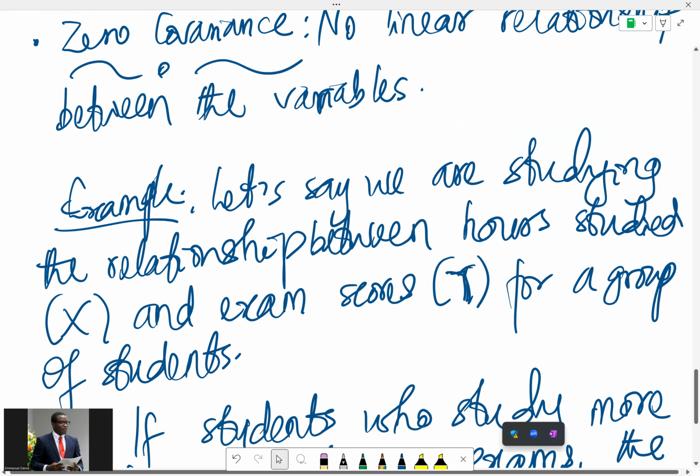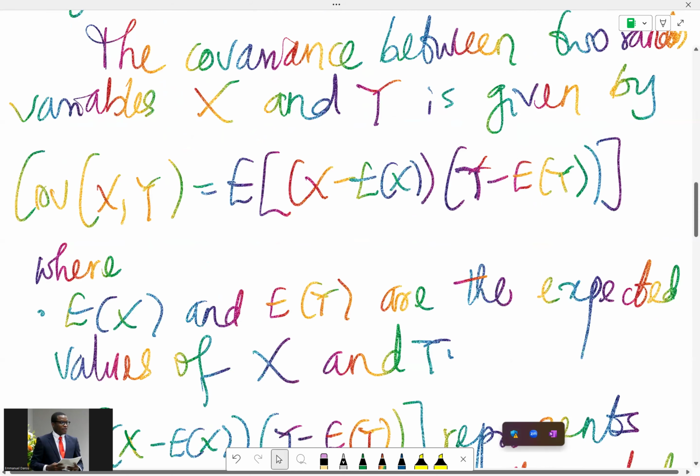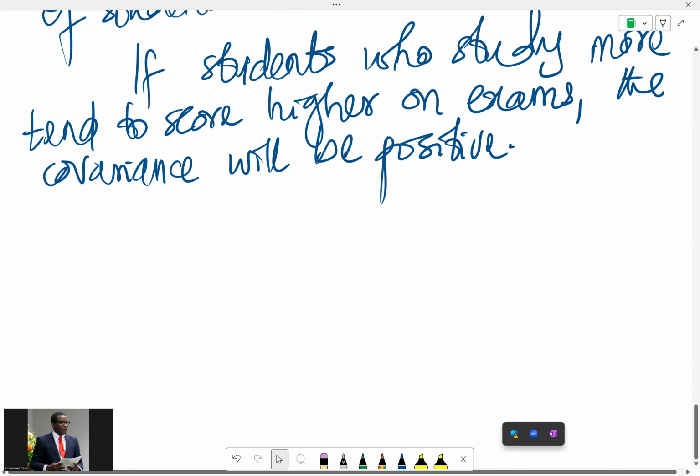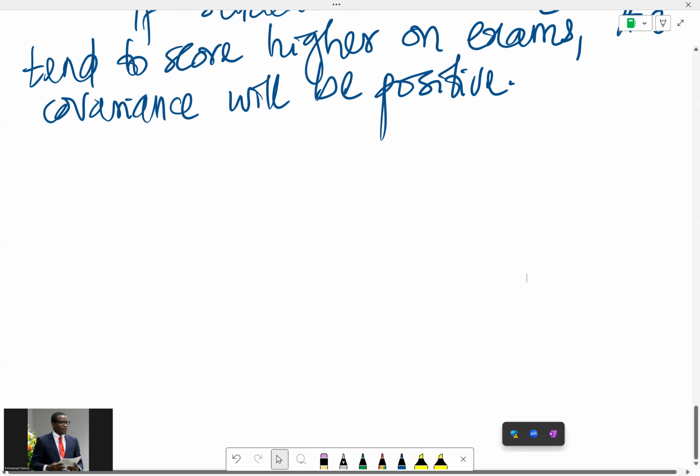Okay, so let's go ahead to talk about correlation. Covariance talks about the direction of relationship between the two or more random variables, while correlation talks about the magnitude of that relationship. So both magnitude and direction in this case for that matter. So let's look at correlation.